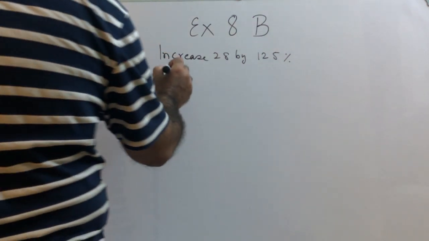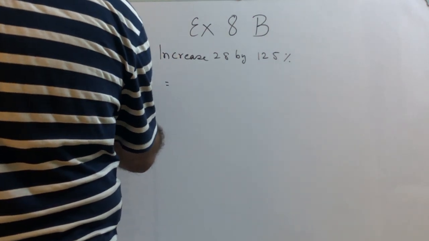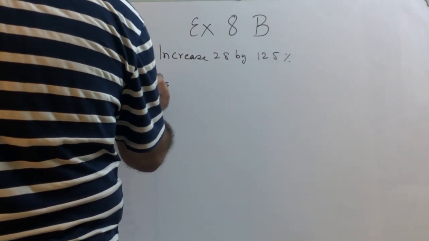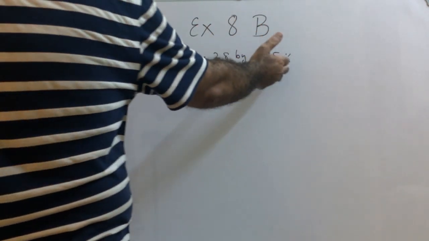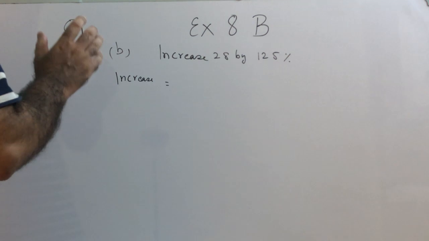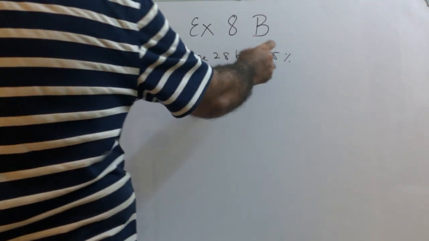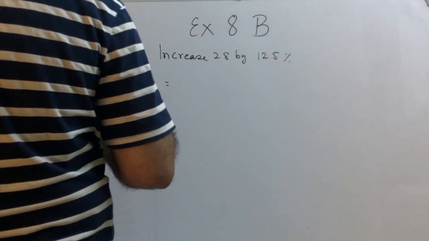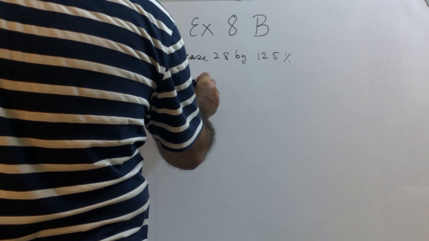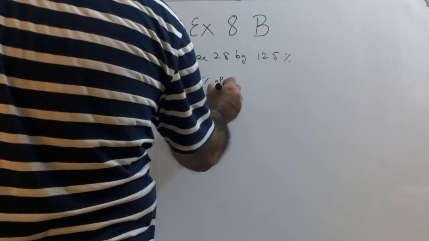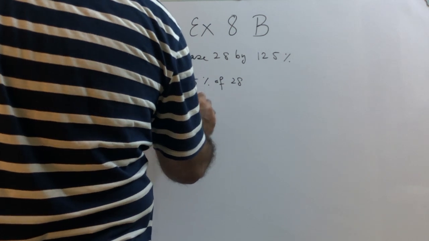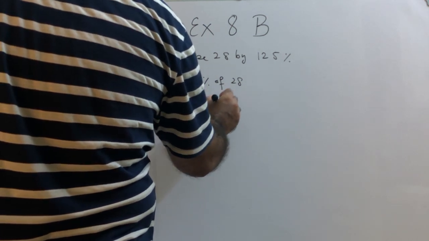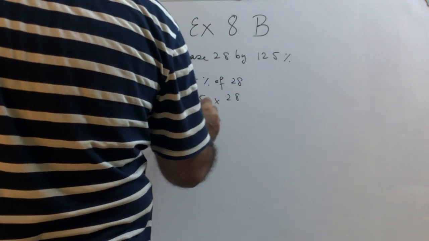So first we need to know how much is the increase, meaning how much is 125% of 28. This we need to find. How much is 125% of 28? 125% means divided by 100, of means multiply into 28.